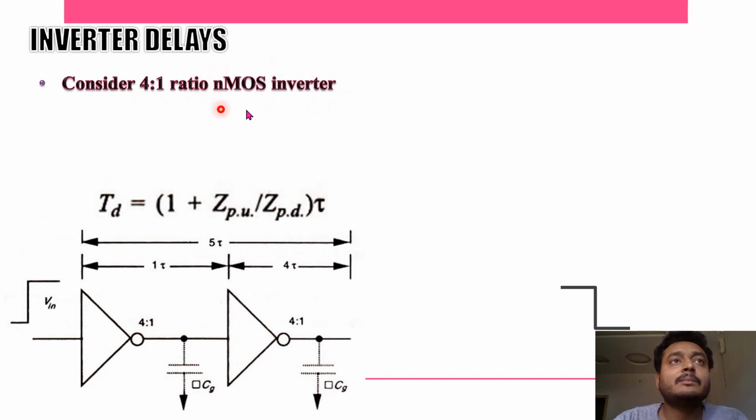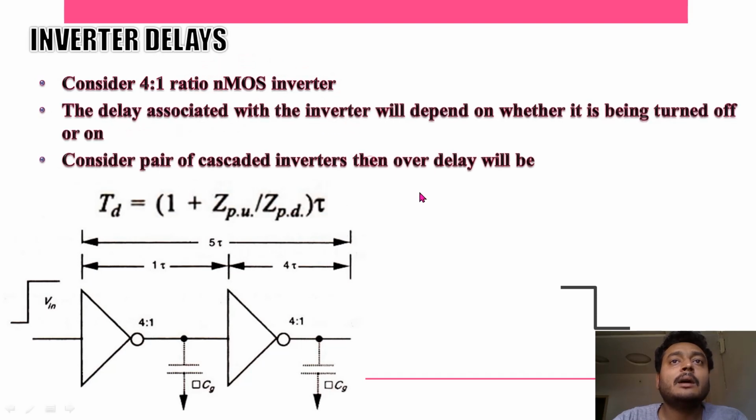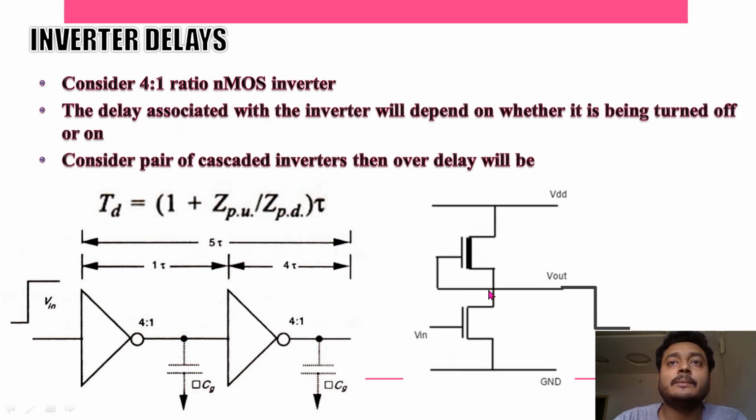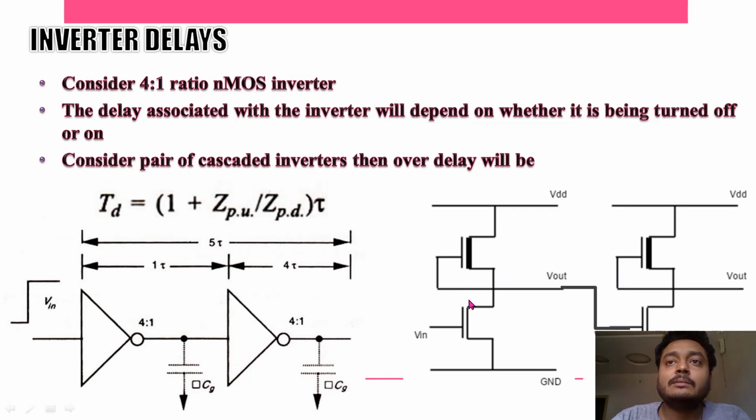NMOS inverter means this one, using a depletion mode NMOS transistor as the pull-up device. So this exactly will be this one, towards the right side.